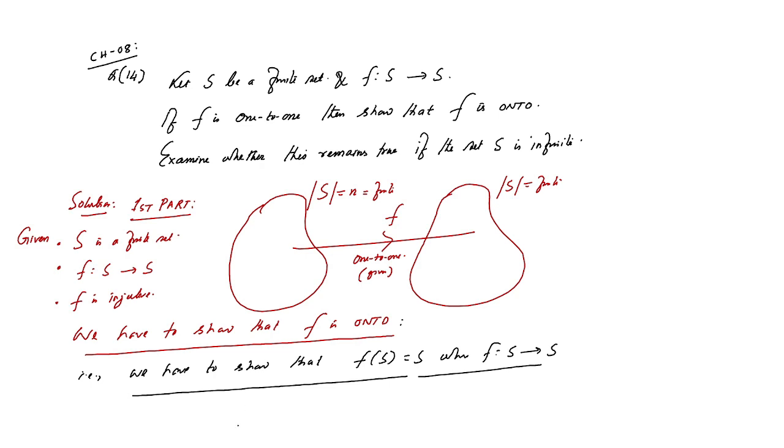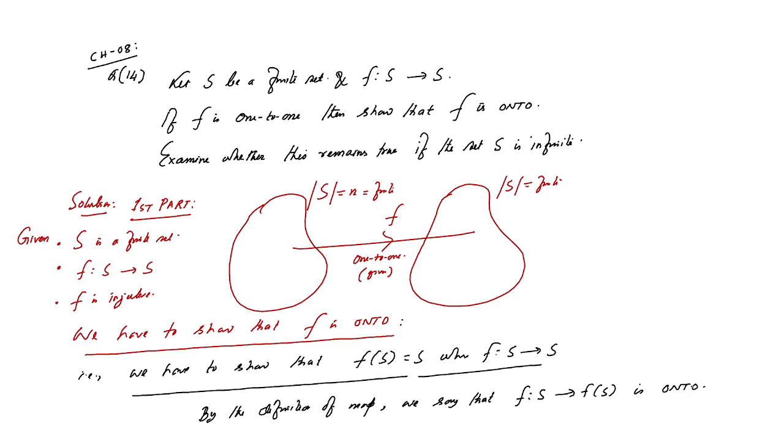Okay. So by the definition of the map, we say that if S to Fs is surjective, this is onto.